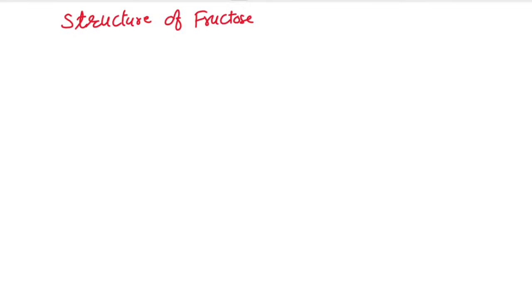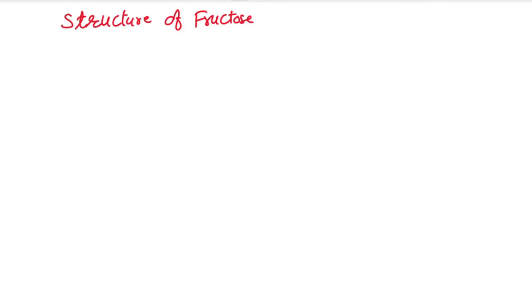Fructose is the most important of all the ketoses. It occurs free along with glucose in the form of invert sugar, so in honey and sweet fruits, and hence the name fruit sugar. Fructose is called fruit sugar. Okay. So structure of fructose.